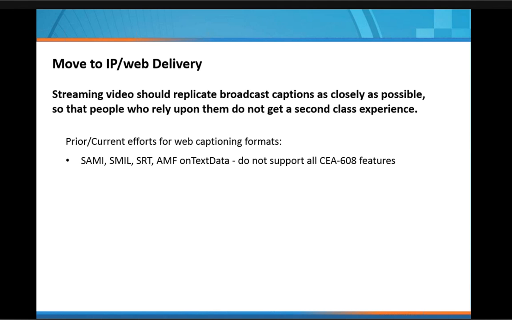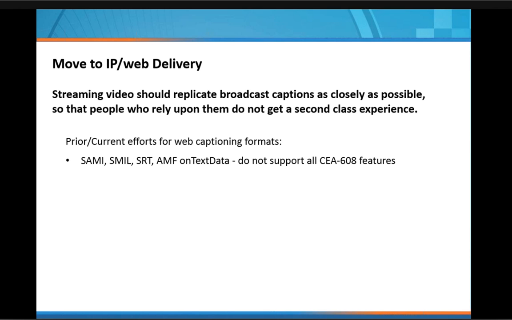One example, looking back, there's a lot of simple text formats that can be used for captioning on the web: SAMI, SMIL, SRT, and something called onTextData, which is used in Action Message Format for Adobe Flash. They can carry text and timing information, but they don't support all of the 608 features.